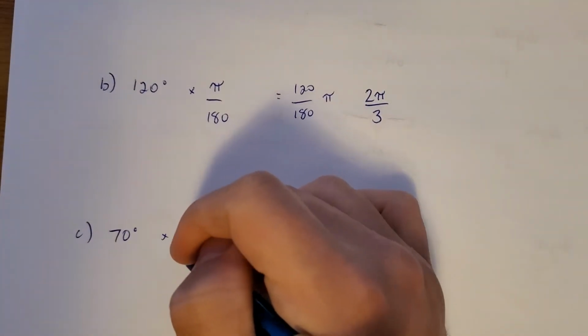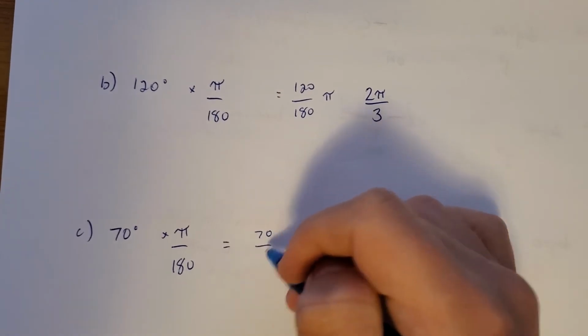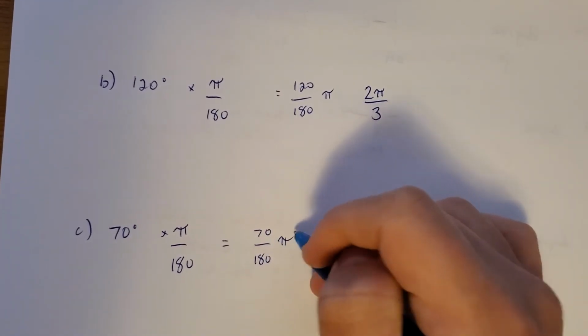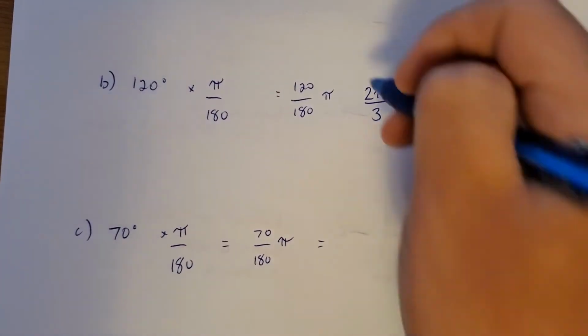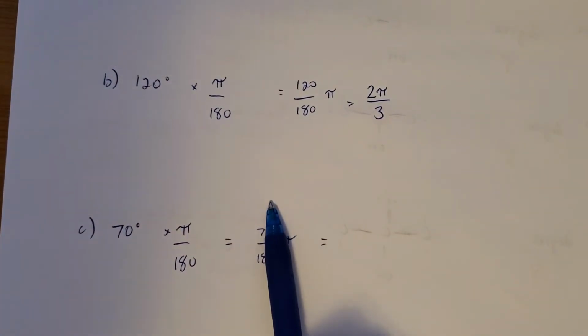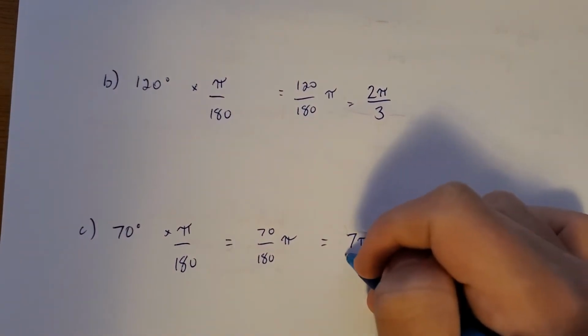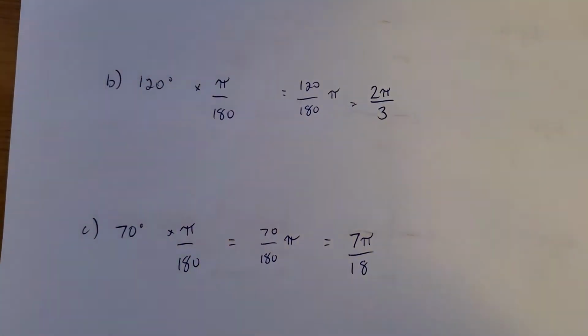I'm going to do that times pi over 180. Now I get 70 over 180 times pi. This one's not going to be so nice. Okay, if I divide by 10, I get 7 over 18. That can't be simplified, so I'm just going to leave it as 7 pi over 18.